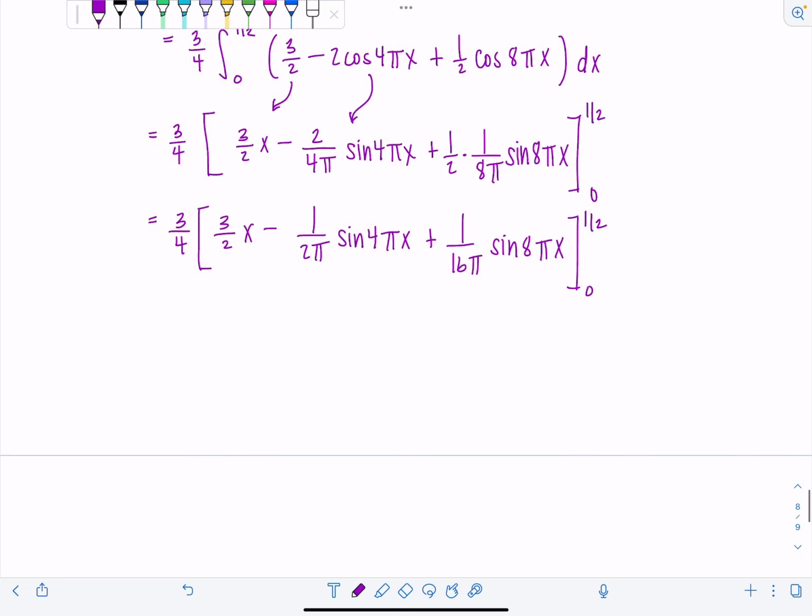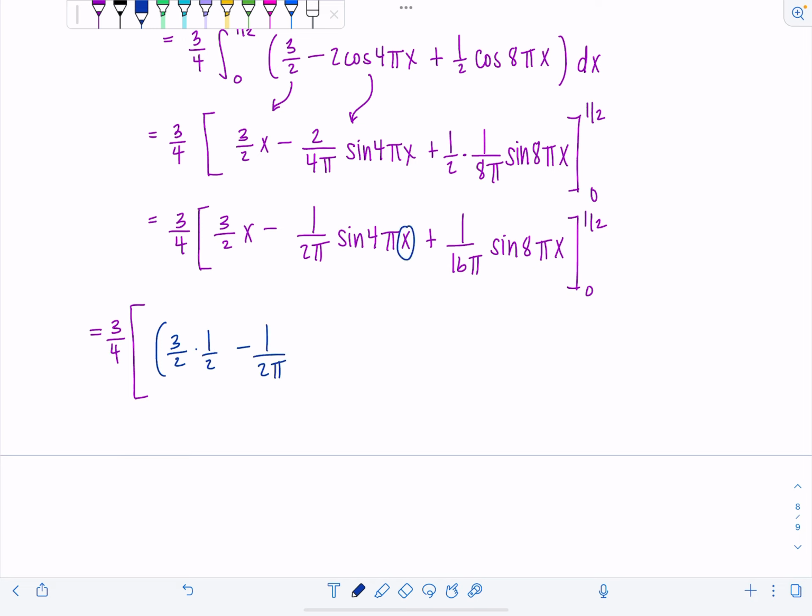So here we go. 3/4 times. Now I'm going to plug in 1/2. So we've got 3/2 times 1/2 minus 1 over 2 pi.